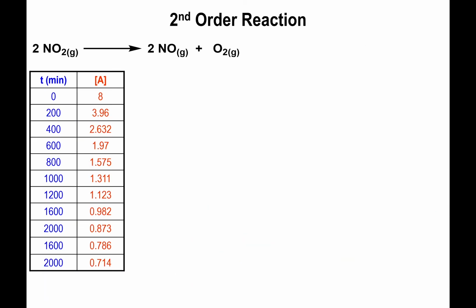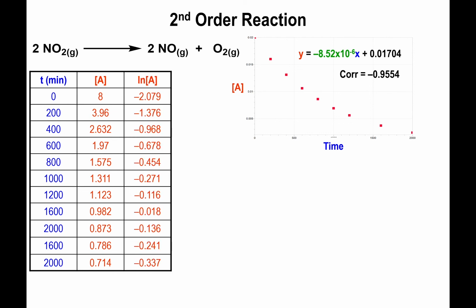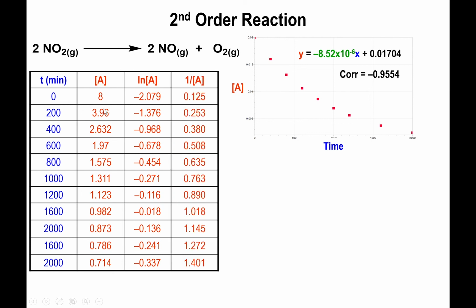And once again, if you have the data table, concentration versus time, and you plot concentration versus time, you see the correlation is just terrible. This is not even close to being linear. You can then take the ln of A and plot ln of A versus time. And if that doesn't give you a line, then you take the inverse of A, not the inverse of ln of A, but the inverse of A, and plot that versus time.